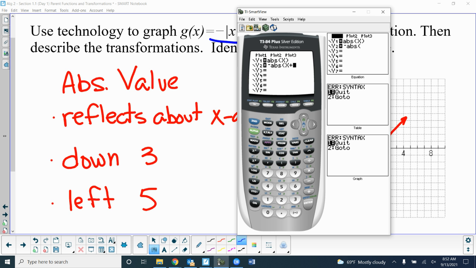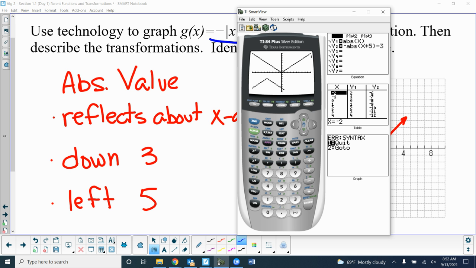X plus 5, and then minus 3. Now hit the graph. There's our parent function, and there's our other one, our transformed one. Okay? Here's our table of values for the parent, and there's for our transformed one. And then there's our picture. Questions?